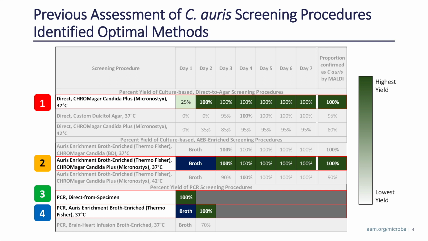Our current study aims to determine the limit of detection differences between the optimal culture, broth, and PCR-based methods that we identified in this earlier study. Ultimately, we aim to determine the optimal procedures, taking into account the sensitivity, turnaround time, cost, and ease of implementation.